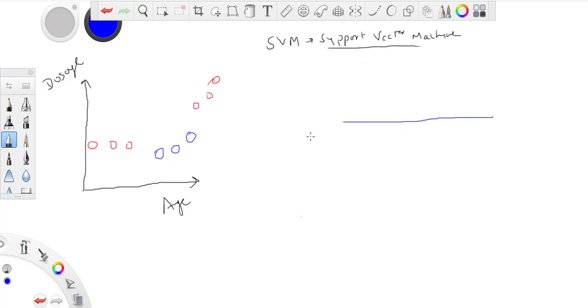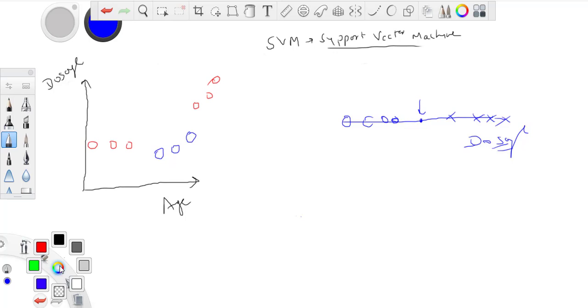Previously when we were talking about that example, it was one-dimensional data. I had a single variable which I termed as doses. So in this case my decision point was nothing but a single quantity, right? But let's say I have this data where I have doses and age which are looking like this.